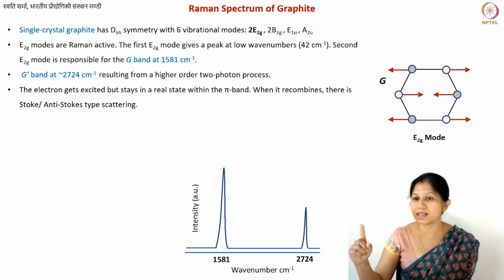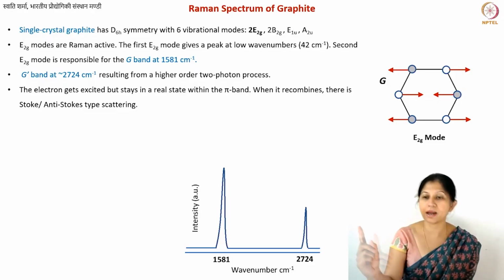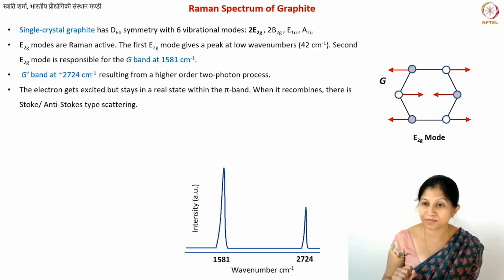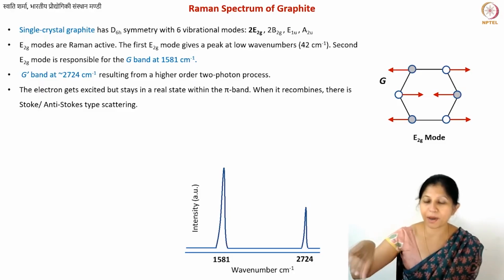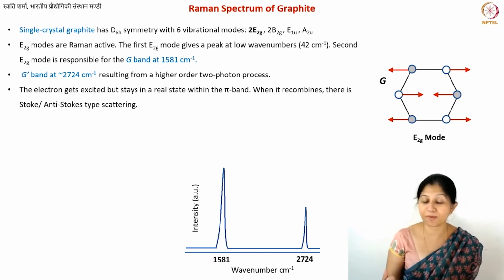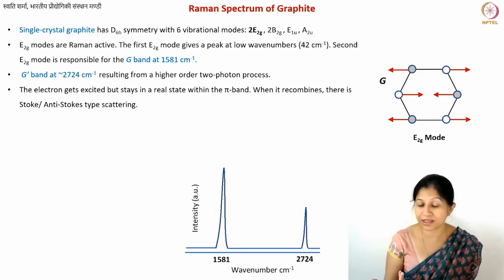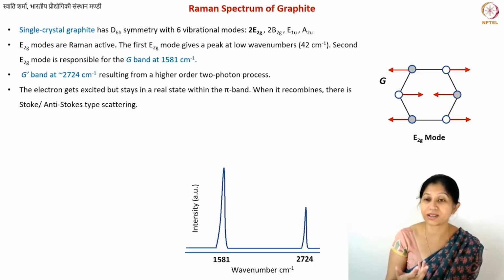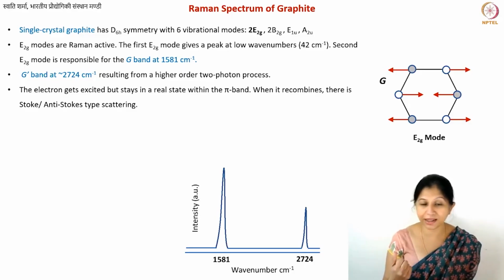It goes to the real state of, let's say, a neighboring atom, or within the pi band it stays there, and then it comes back. So it is staying in the real state, not going into the virtual state at all. And that is why we call it a G prime band, and that is also when people want to differentiate between G prime and 2D overtone.